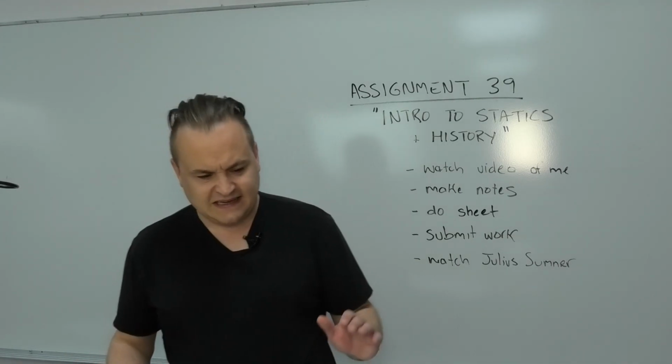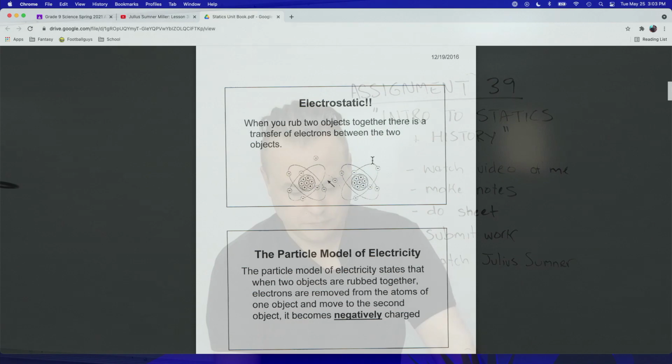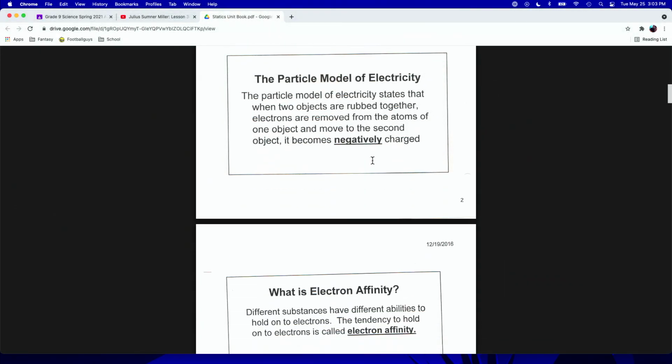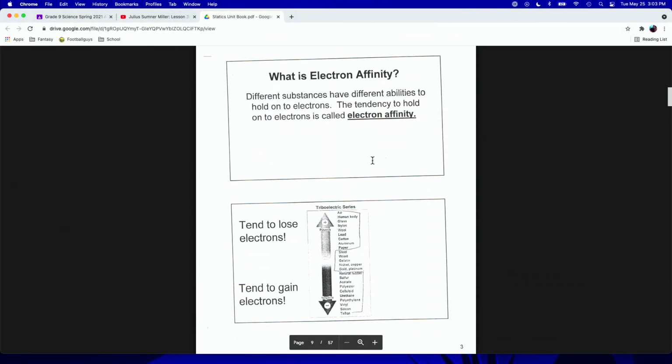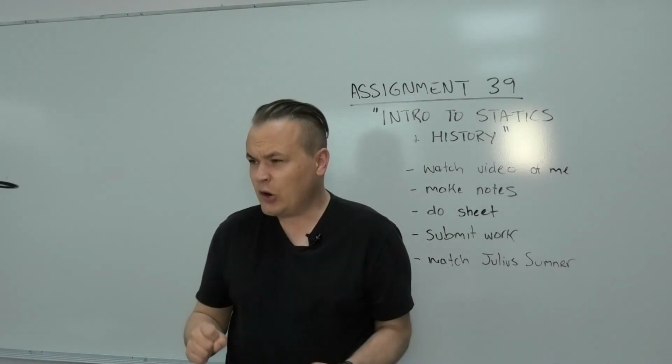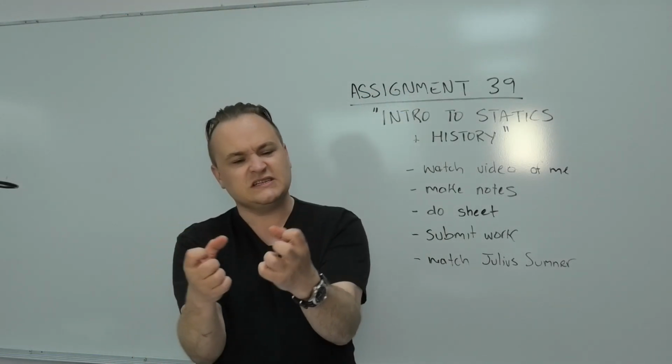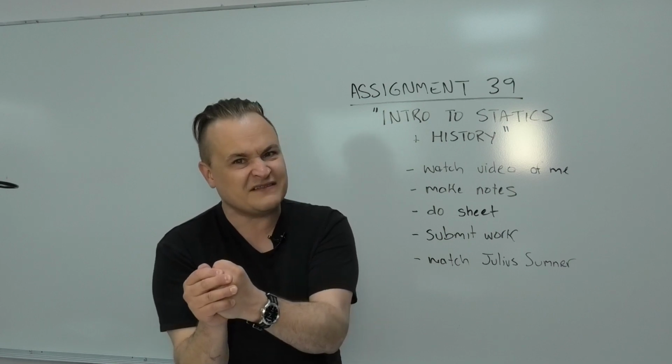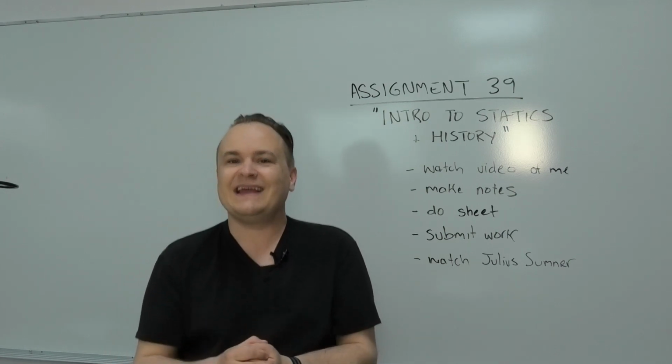Now, this is cool. This is where we get into which things give and which things take, right? What is electron affinity? Well, different substances have different abilities to hold on to electrons. The tendency to hold on to those electrons is called electron affinity. So there are going to be some objects that really want to hold their electrons, and there's going to be other objects that really like giving them away.